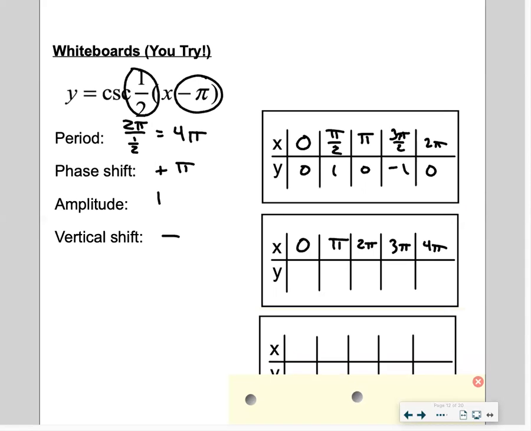Your first chart. Add pi. That's right, line up the defined points. Defined, undefined, undefined.